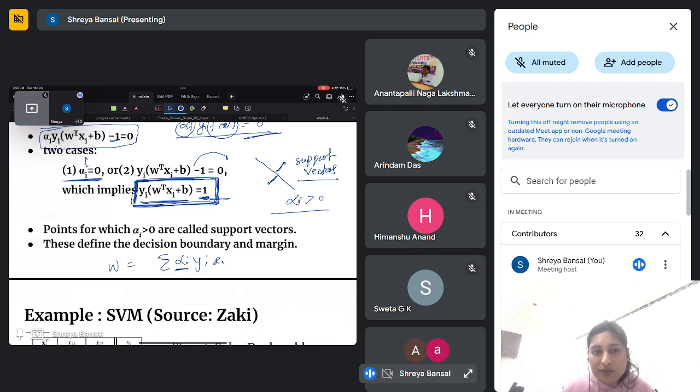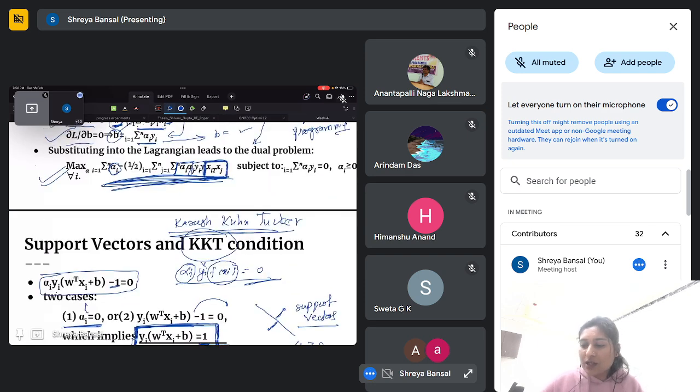These support vectors are those vectors where alpha I is greater than 0. And how to find the value of alpha I? Using quadratic programming, which is not a major topic of interest right now. You can see it afterwards. It's a programming concept where you can find the solution of this equation using quadratic programming, and you will get the value of alpha I.